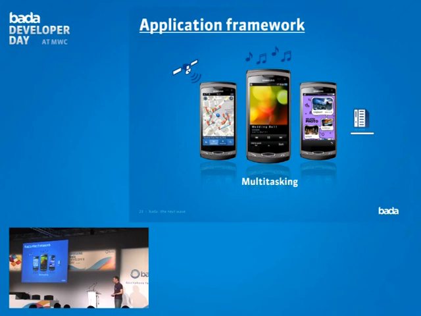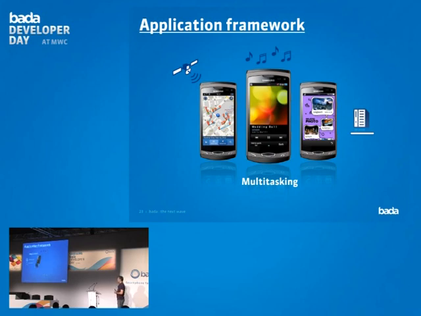But now in bada 2.0 we are going to support multitasking, definitely true multitasking, so applications can be executed in the background as well. The only criterion or restriction, let's say, is that if there are not enough system resources available, then an additional application cannot be launched. So that's the only restriction, basically. And I would say this is quite reasonable.